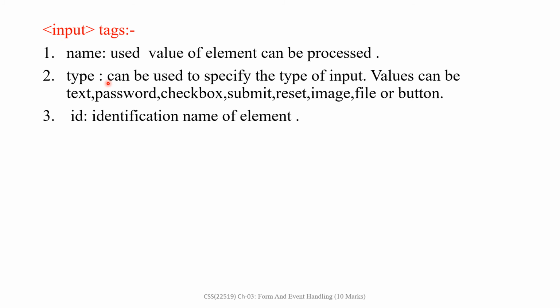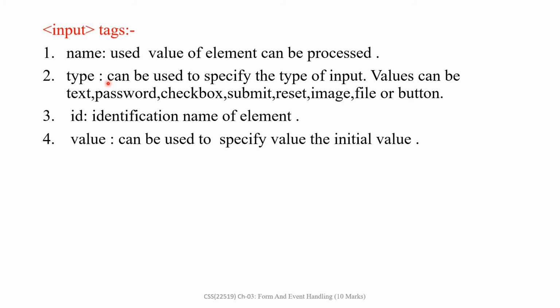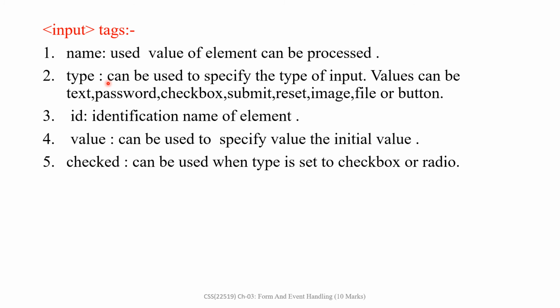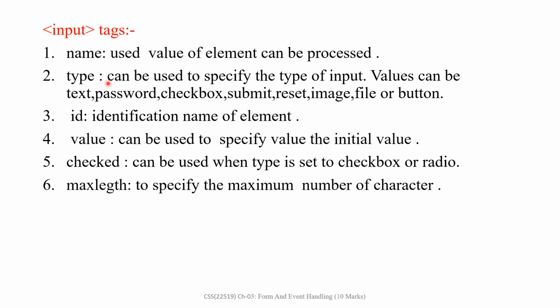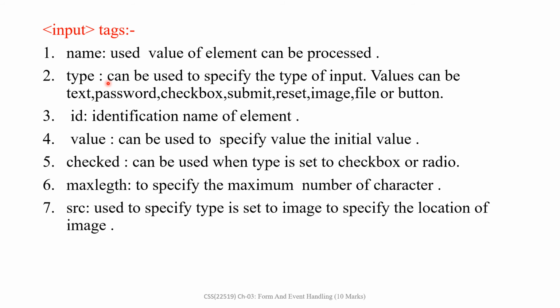ID is nothing but the identification of the element. Then value. It can be used to specify the initial value. Checked can be used when the type is set to checkbox or radio.